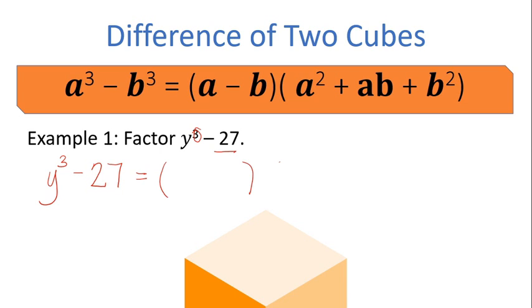In factoring difference of two cubes, we have two different kinds of factors. We have the binomial factor and the trinomial factor.